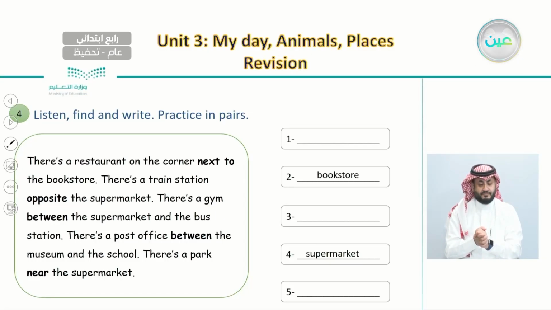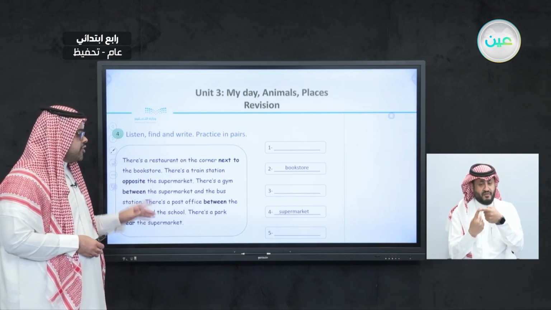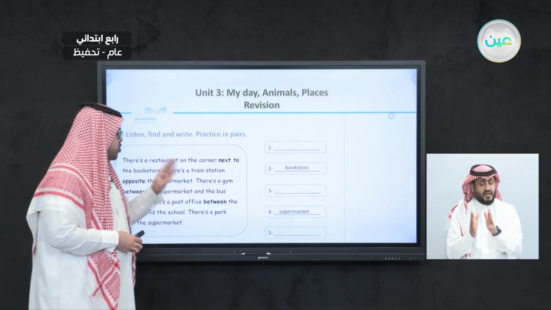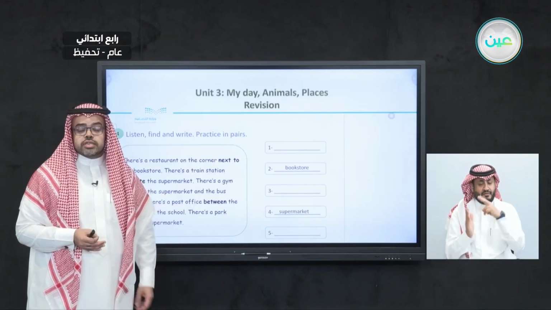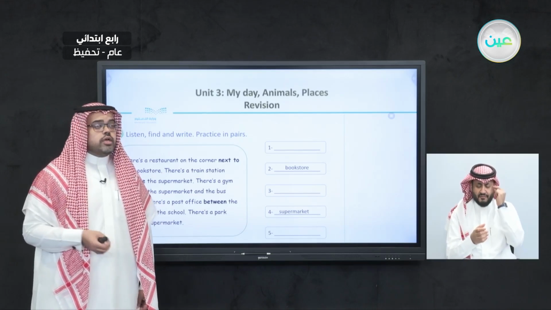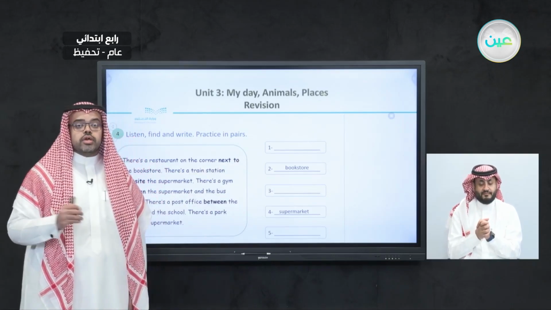We're going to divide the text into 2 parts. The first part is about the first 5 places, and the second part is about the places from number 6 up to number 10. So let's begin.